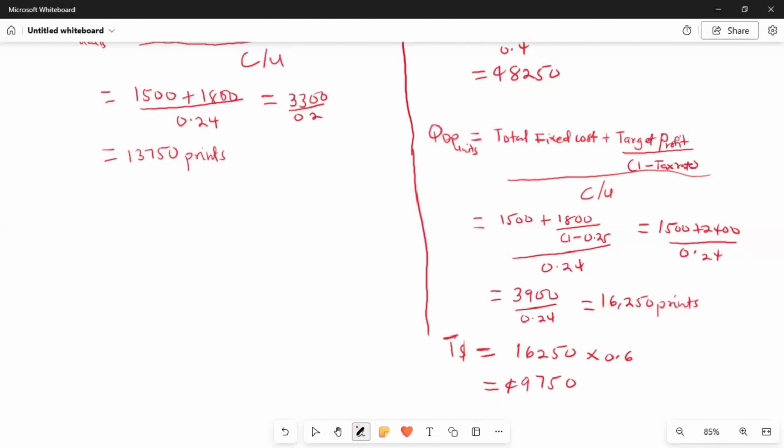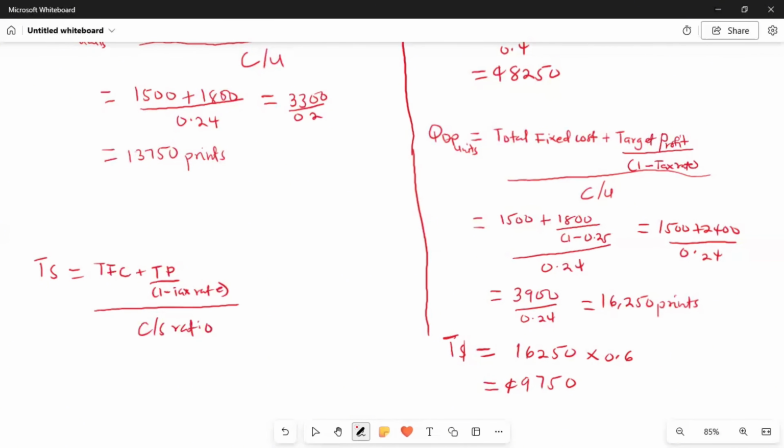Okay. Continuing here. Then all you have to do is put the formula and divide by the contribution sales ratio. So target profits divided by 1 minus the tax rate, all divided by the contribution.